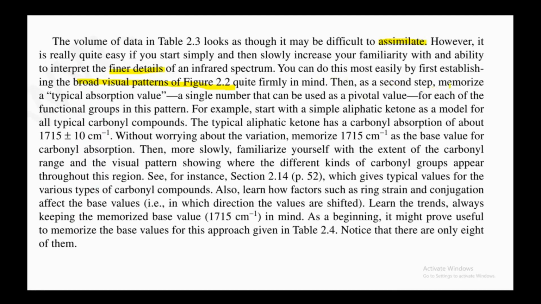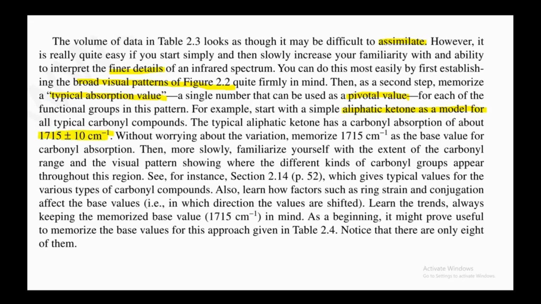Then as a second step, memorize a typical absorption value, a single number that can be used as a pivotal value for each of these functional groups in this pattern. For example, start with a simple aliphatic ketone as a model for all typical carbonyl compounds. The typical aliphatic ketone has a carbonyl absorption of about 1715 plus or minus 10 per centimeter.